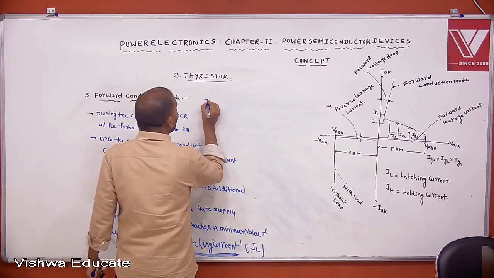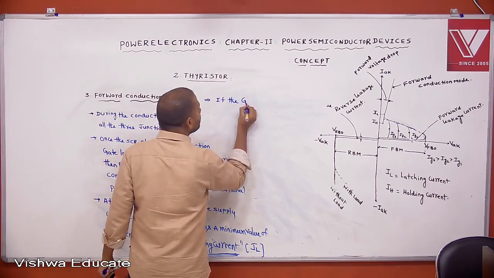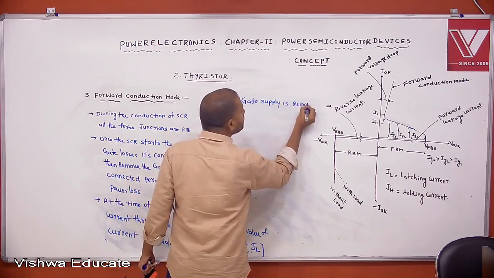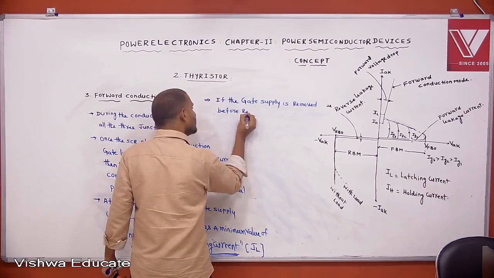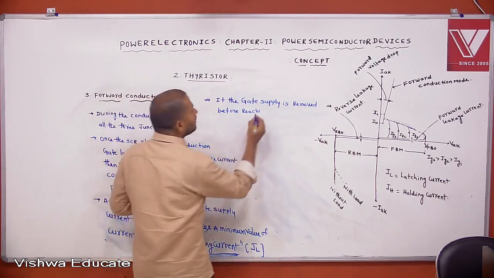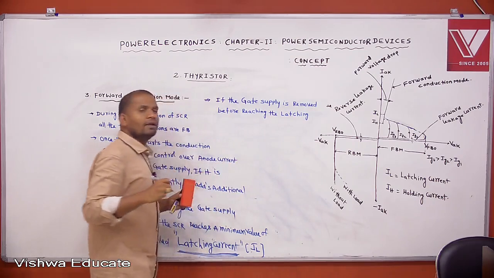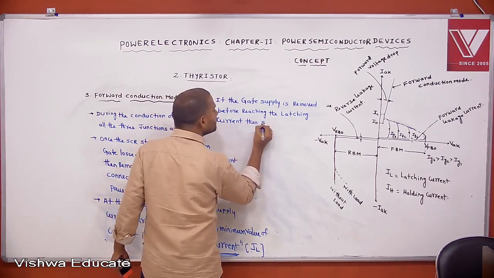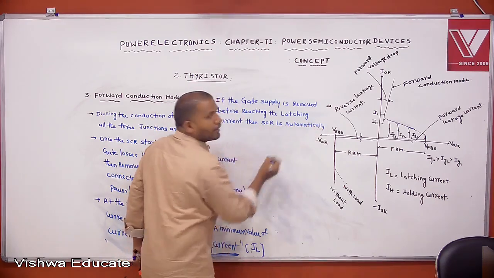For example, if the gate supply is removed before reaching the latching current, then the SCR automatically comes into which mode?